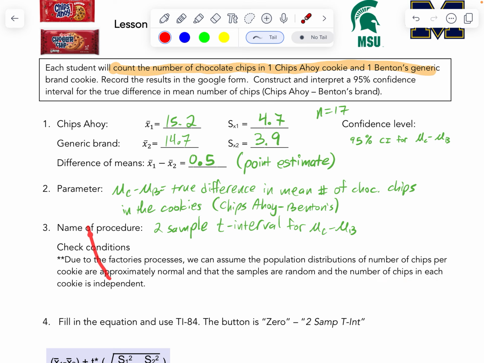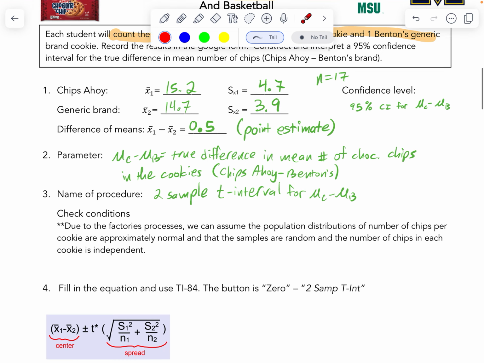Because with 17 cookies, there's no way we're approaching 10% of all the cookies ever.